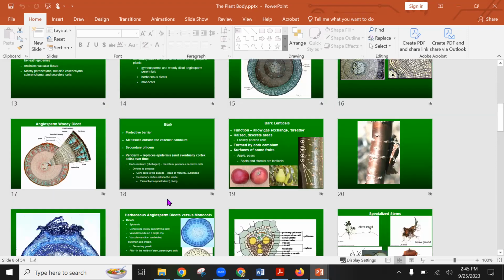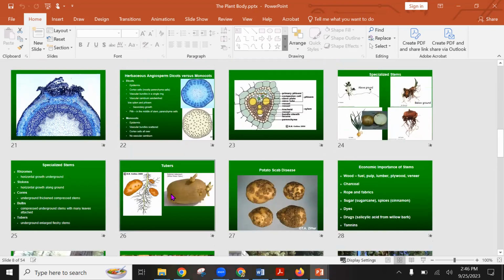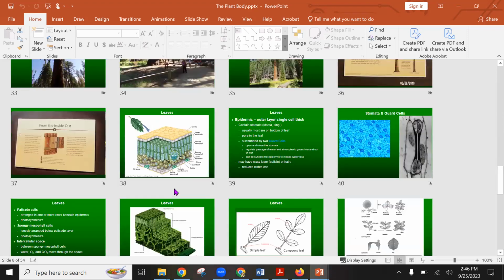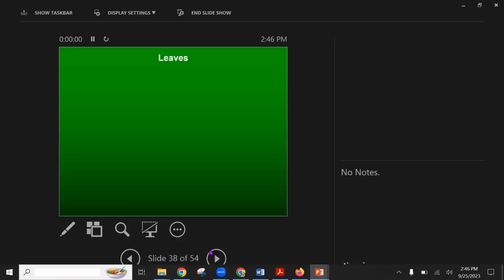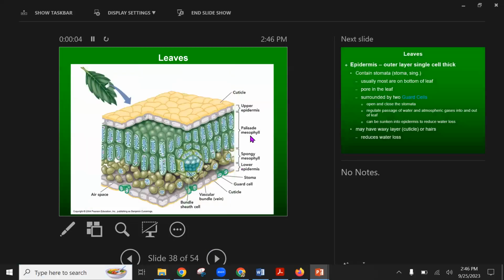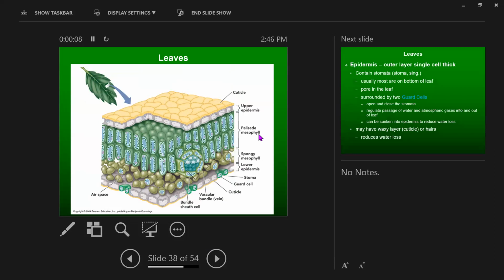Yeah, so if you see the word mesophyll, they do that in the leaf tissue a lot. Where is that? Yeah, so here. And unfortunately they don't stay consistent. So you see here palisade mesophyll. Mesophyll and parenchyma mean the exact same thing.